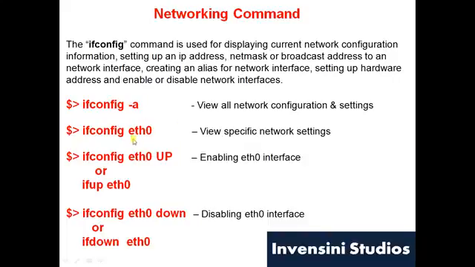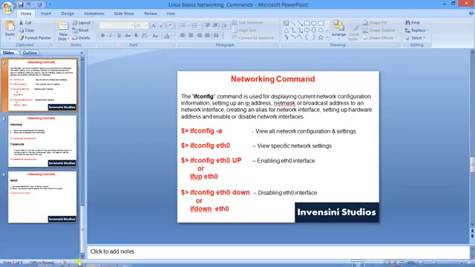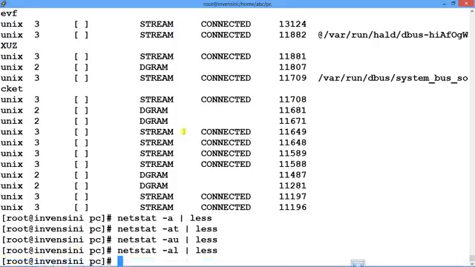Then if I want to see a specific network setting, I will say that particular Ethernet name, like eth0, eth1, that kind. I can just bring up my interface or bring down my interface, right? Okay, so let's go and try this. Let's clear the clutter first.